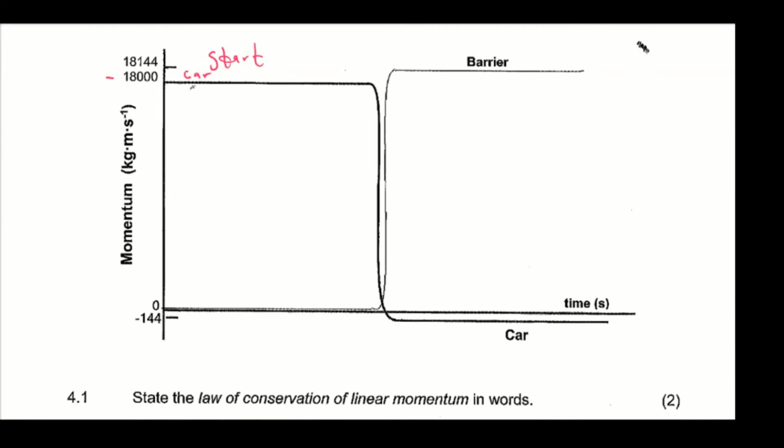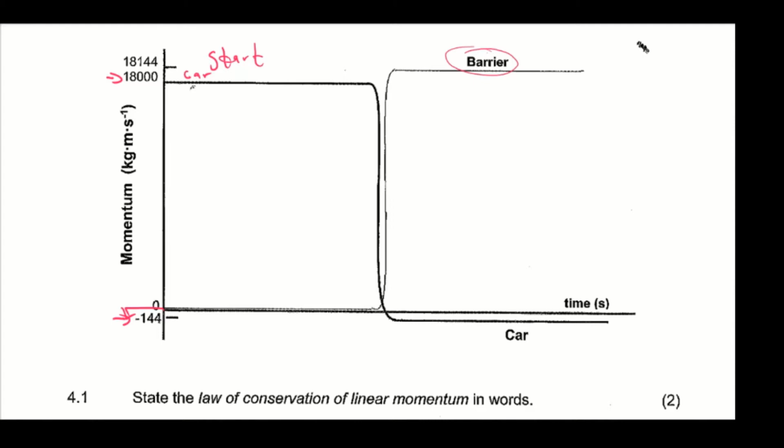Initially it had a momentum of 18,000 kg meters per second, and the initial momentum of the barrier was 0, because it was standing, just still and not moving.